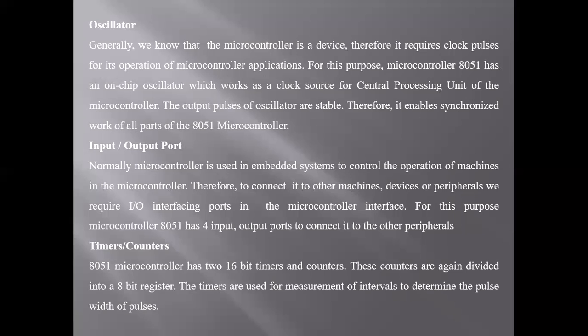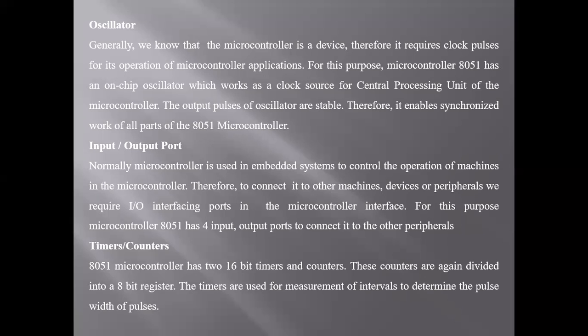Therefore, it requires clock pulses for its operation. For this purpose, microcontroller 8051 has an on-chip oscillator which works as a clock source for the central processing unit of the microcontroller. The output pulses of the oscillator are stable, therefore it enables synchronized work for all parts of the 8051 microcontroller.